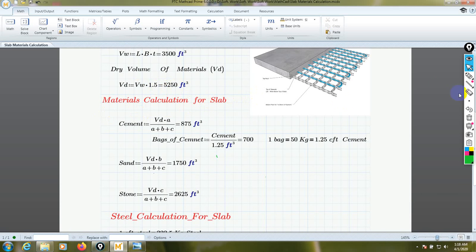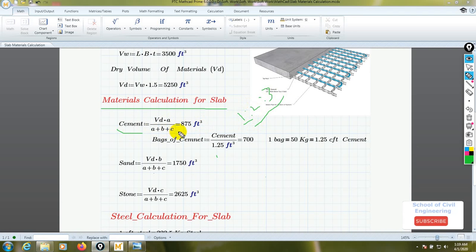Material calculation for the slab. First of all, we'll calculate cement. For cement, we multiply the dry volume by the cement ratio. The ratio is 1:2:3, so the cement ratio is 1, which we consider as A. So the dry volume into 1 divided by the summation of the total ratio, which is 6.